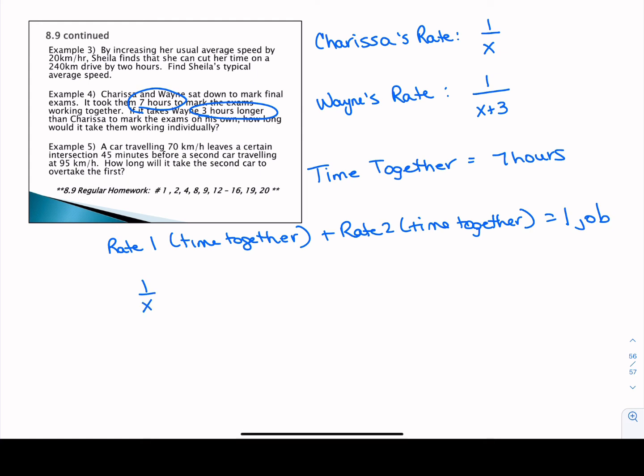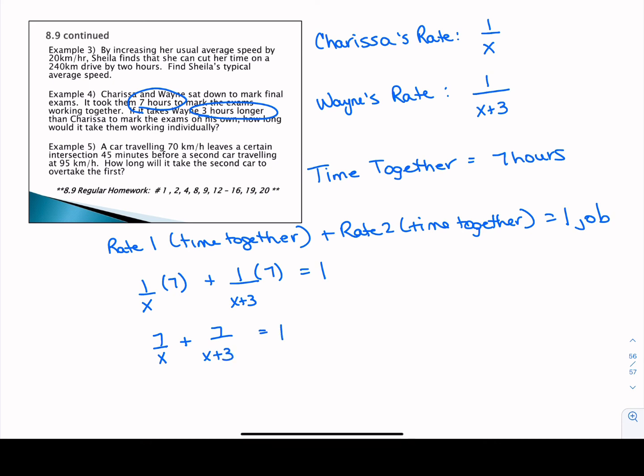If we multiply that by the time together, which we know is 7 hours, we can add that to rate number 2, which is 1 over x plus 3. Again, we multiply that by the time together, which we know to be 7 hours. And all told, that should be giving us 1 complete job. So just to clean up the fractions a little bit, 1 times 7 over x is really written as 7 over x. 1 times 7 over x plus 3 is really 7 over x plus 3. And on that right side, don't forget about that sneaky little 1.